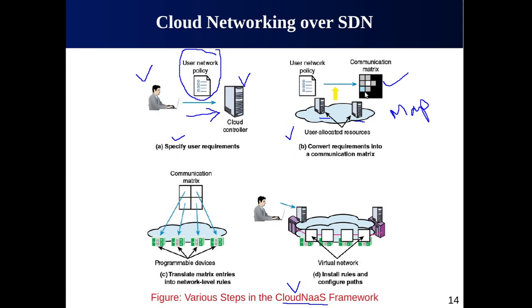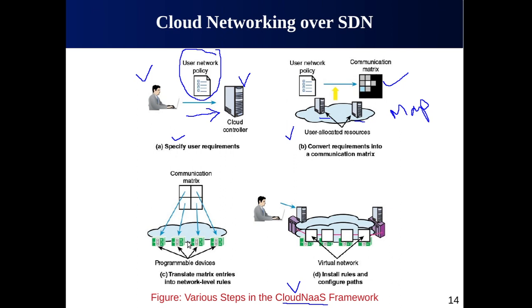Now we have mapped the policies into the matrix. The next thing is to issue those policies. So there is a logical communication. You can see that the matrix is translated into the network level directive for data plane forwarding. Here we have the actual resources. The policies were issued by the customer, translated into the matrix, and then forwarded as directives for the data plane forwarding elements, the switches.